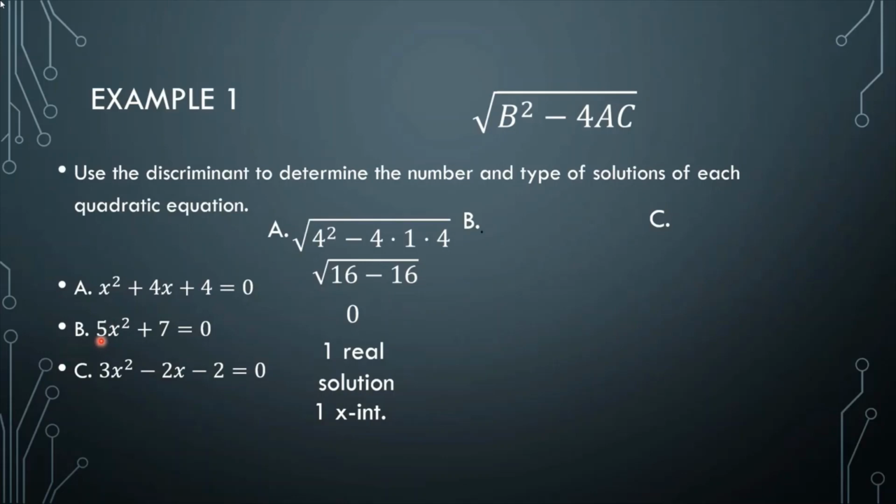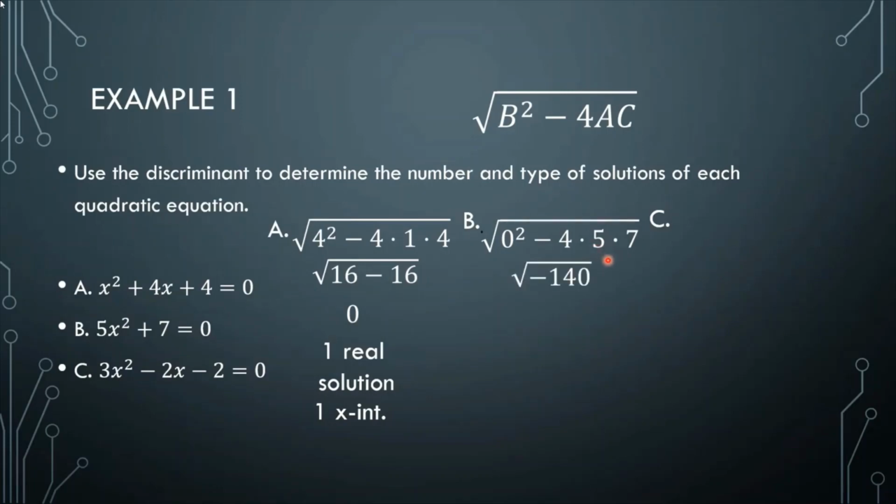So we have 5x squared plus 7. A would be equal to 5. Now there's no x here, so that would indicate that b is equal to 0, and c would equal 7. And then just plug those in. So we have 0 squared minus 4 times 5 times 7. 0 squared is 0. 4 times 5 is 20 times 7 is 140.